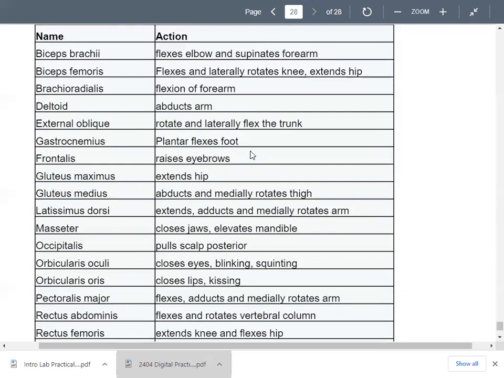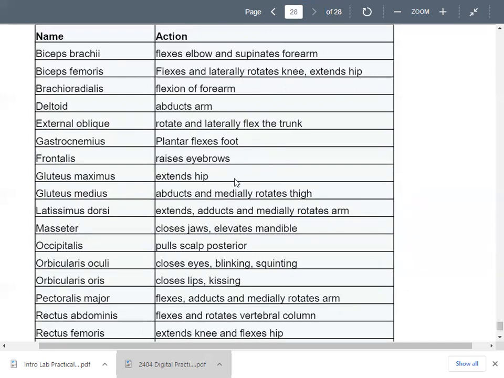All right, brachioradialis, extends, or sorry, flexes the forearm. Deltoid, it abducts your arms. External oblique, so it helps you with rotation and laterally flexing your trunk. All right, which is basically your abdomen area. All right, gastrocnemius, plantar flexes your foot, stand on your tippy toes.